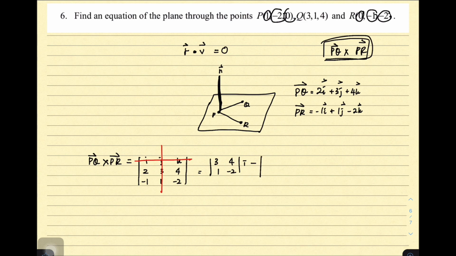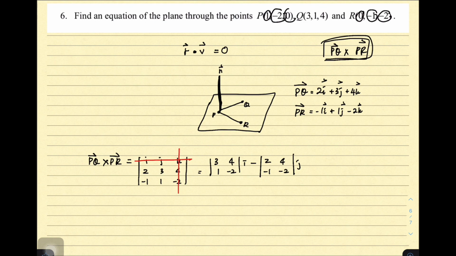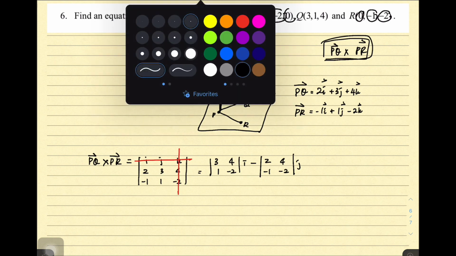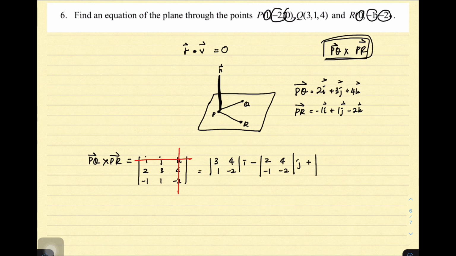Okay, and the determinant of remaining 2, -1, 4, -2, and this one is for j. Okay, and now we cancel out the first row and the third column. So this one is for k, the sign will be positive. Okay, so we have plus determinant of 2, 3, -1, and 1. This one is for k.